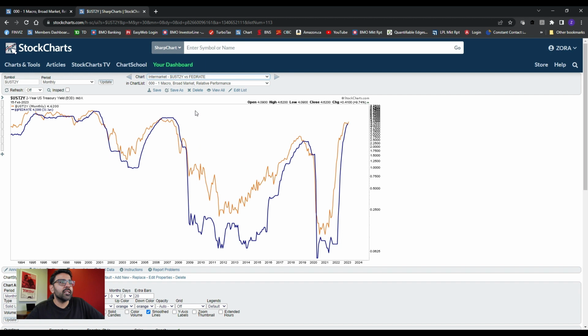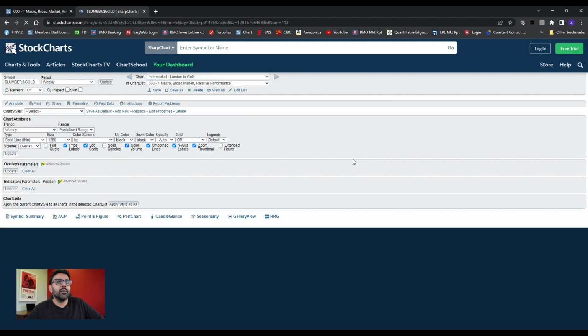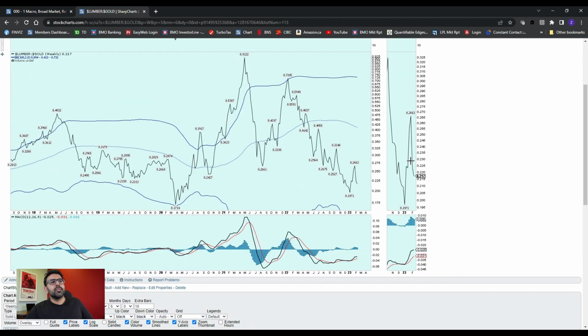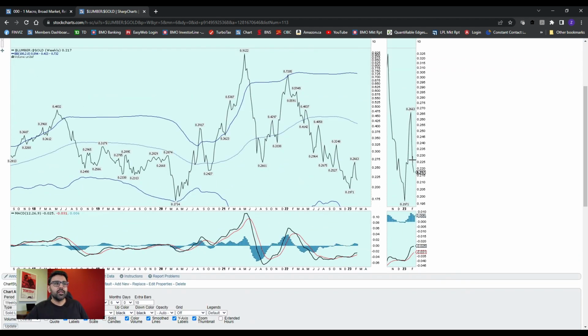Another one that's really interesting is the relationship between lumber and the market. We have lumber to gold here. So lumber and gold, what's the relationship? Lumber is very cyclical and tied to the economy. Gold is safe and not tied to the economy.